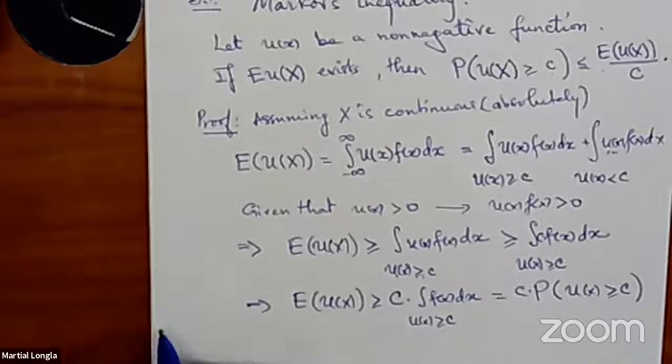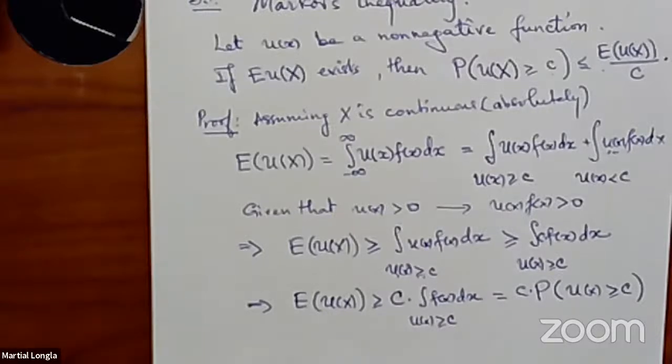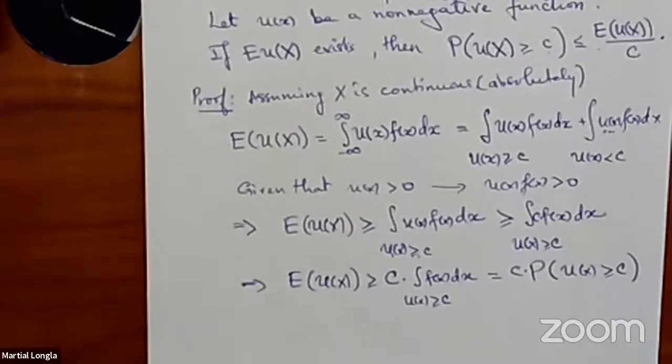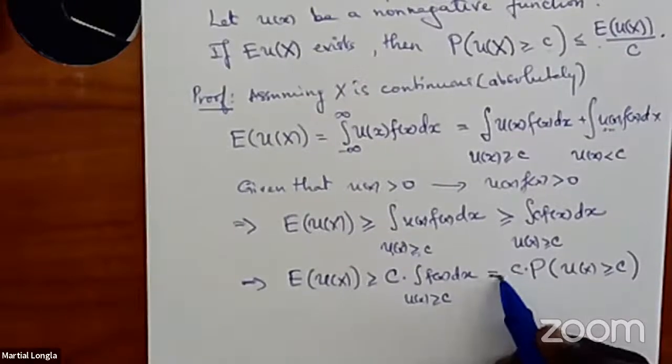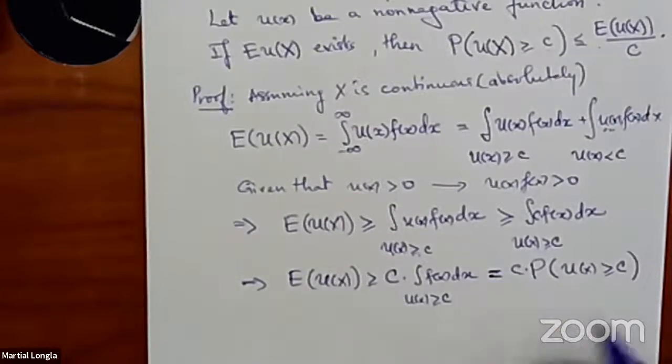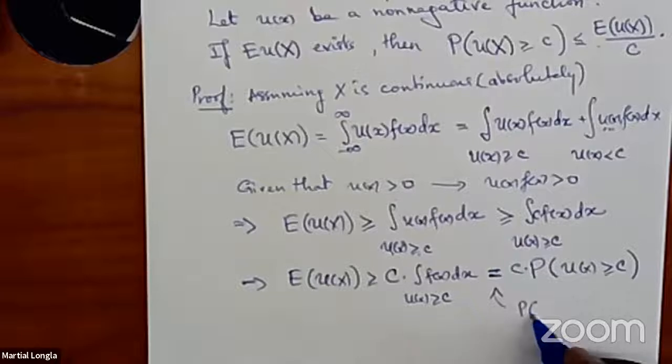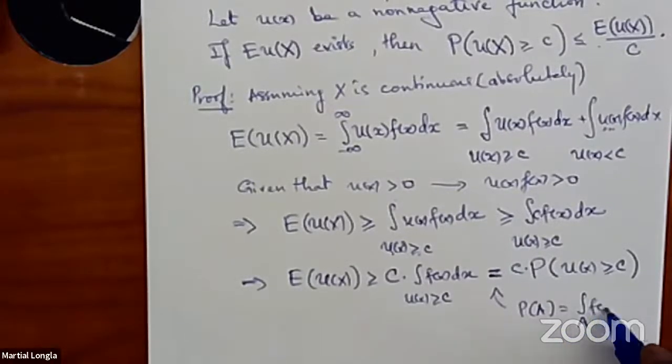Remember that P of A is the integral over A of f of x dx, right? Remember that? So this is by definition. That's the definition that is used here to get from here to there.